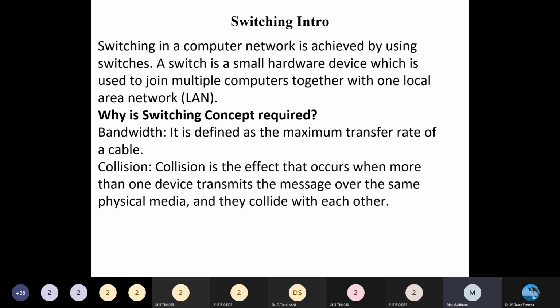The bandwidth is defined as the maximum transfer rate of a cable. First of all, the bit rate is fixed: how fast the data is sent and received depends on the bit rate.